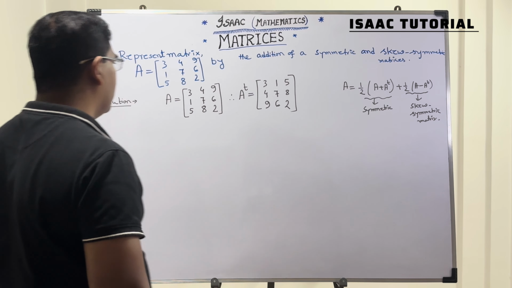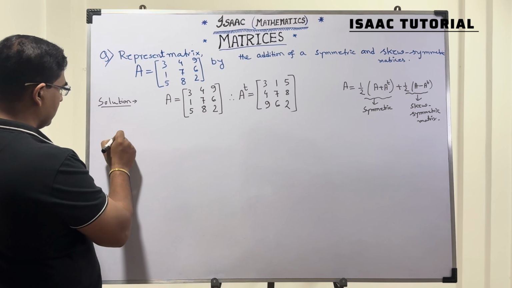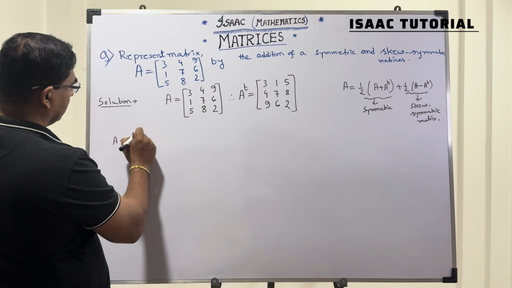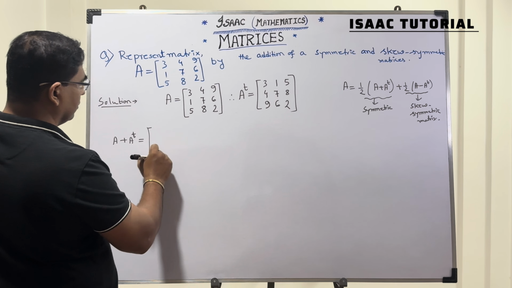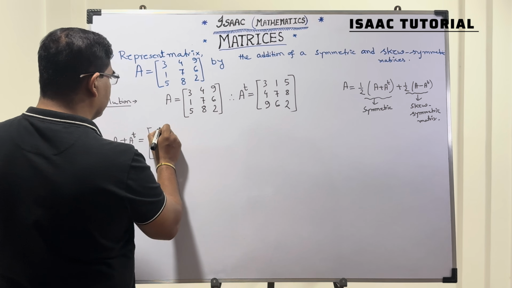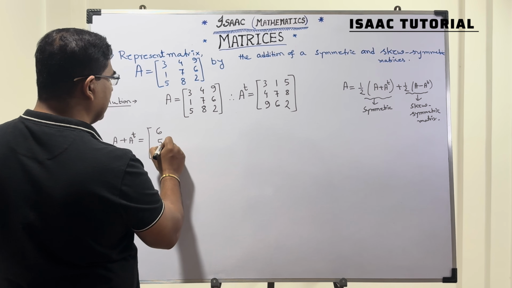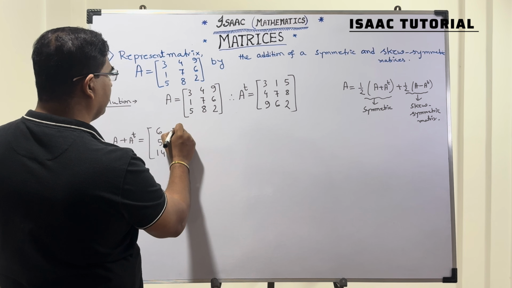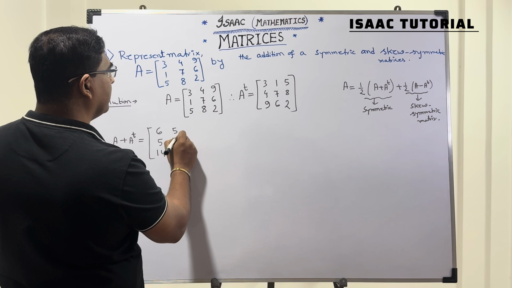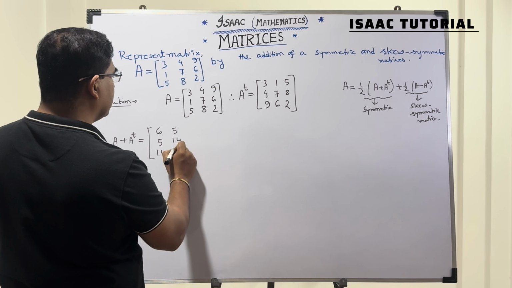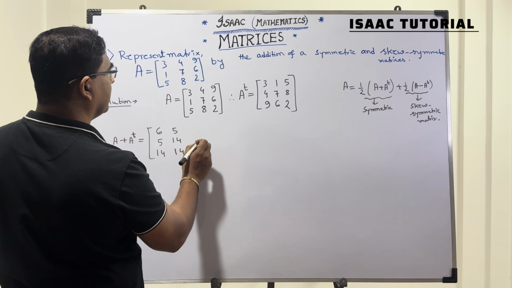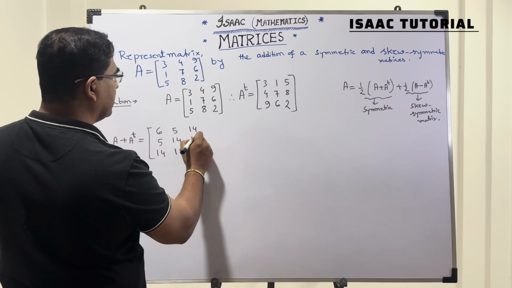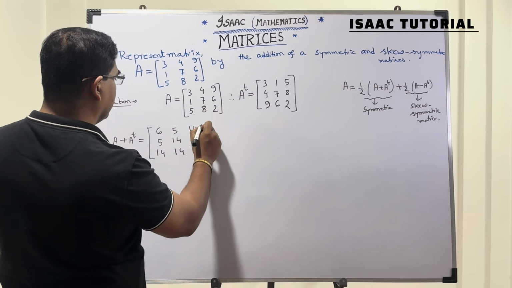So A plus A transpose is equal to 6, 5, 14, 5, 14, 14, 14, 14, 4.